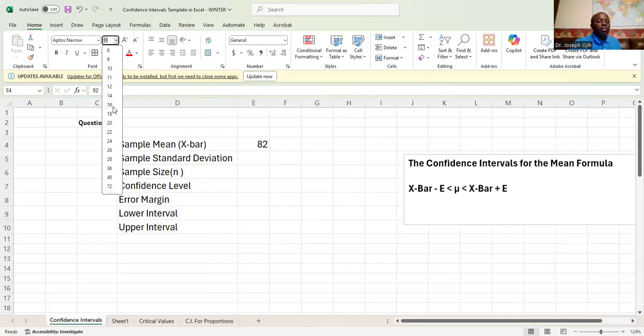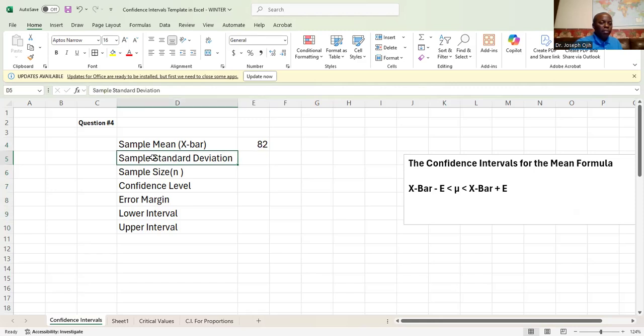The population standard deviation, not sample, is 15.